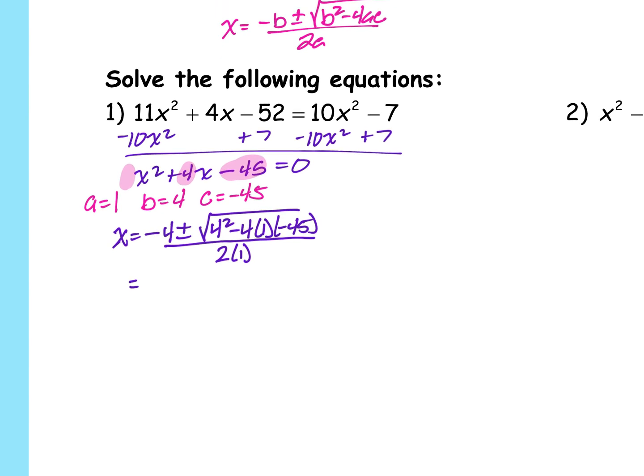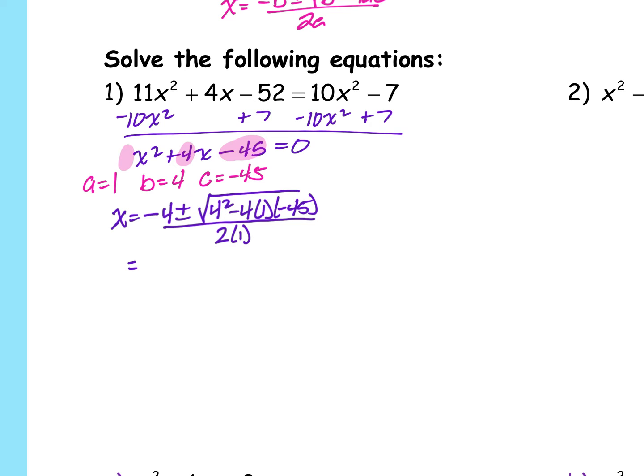Now I'm going to do order of operations, which says parentheses first. A square root kind of acts as a parenthesis or a grouping symbol. So I'm going to do everything inside the square root. So I've got negative 4 plus or minus the square root of 16 plus 4 times 45, 90, 180, divided by 2.